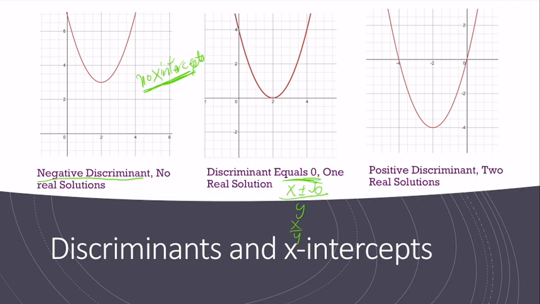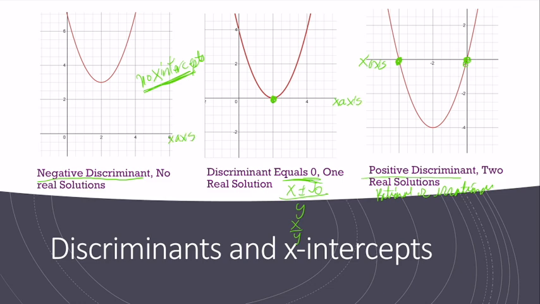You only have one option. Plus or minus 0 is just 0. So then you'd only have one x-intercept. And if I've got a positive discriminant, I have two real solutions. They might be irrational. They might be rational. But then my parabola, which is the graph of our quadratic, is going to cross our x-axis twice. This is my x-axis, in case anyone needed a reminder.